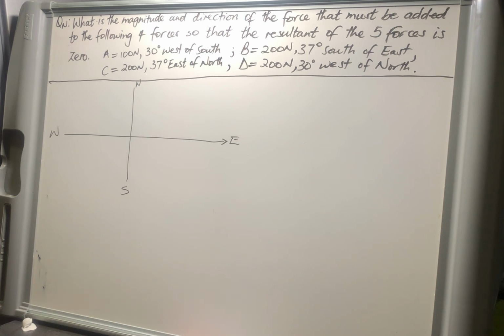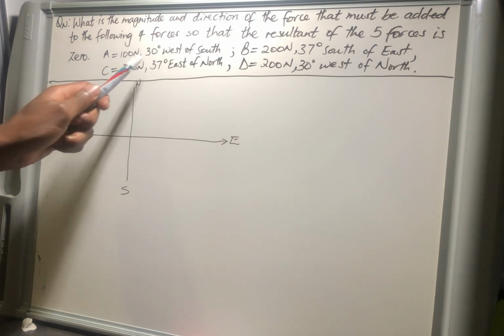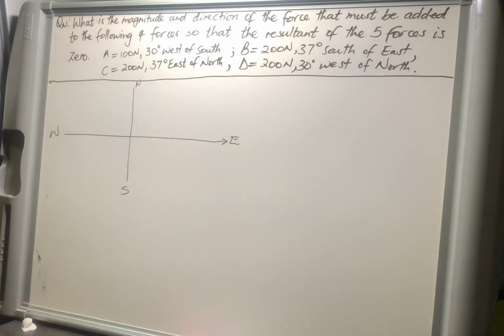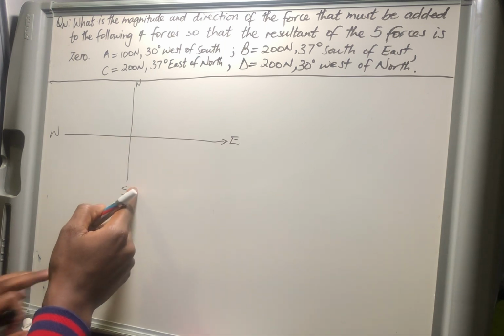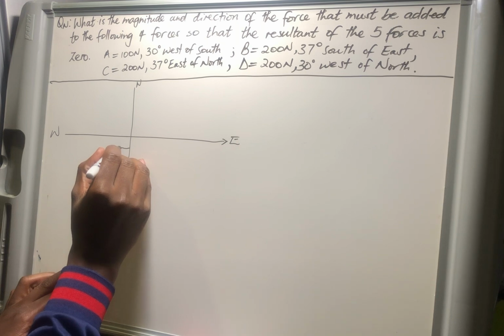You are told that vector A is 100 newtons, 30 degrees west of south. When they say west of south, it means you are standing at the south, and now we are going west. So your angle will emerge from here.